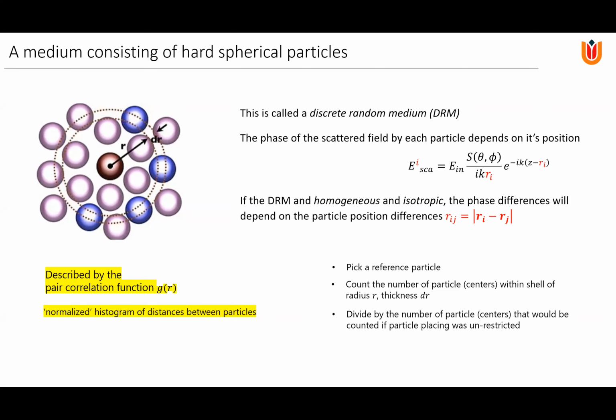Put in other words, there is no obvious particle that serves as a reference particle. You could pick any other particle and get the same distance. So the only thing that we're then interested in is the distance between these particles. That is where this pair correlation function comes in, as a histogram of the distances between particles.